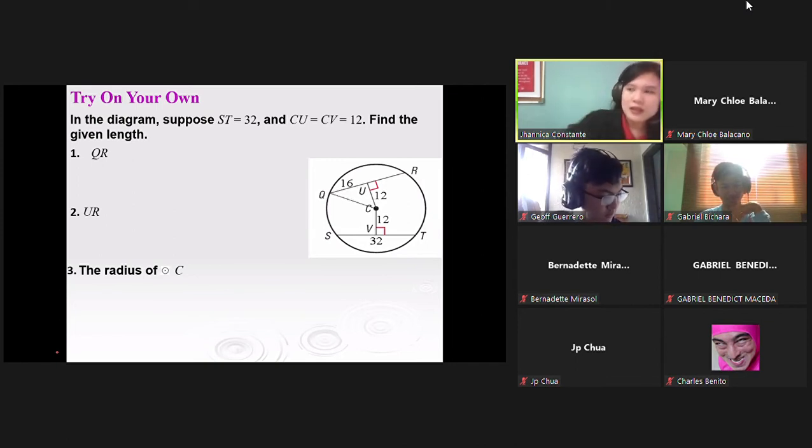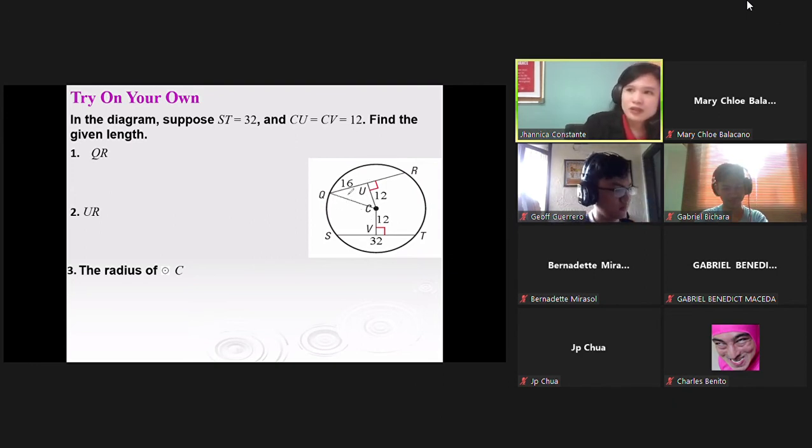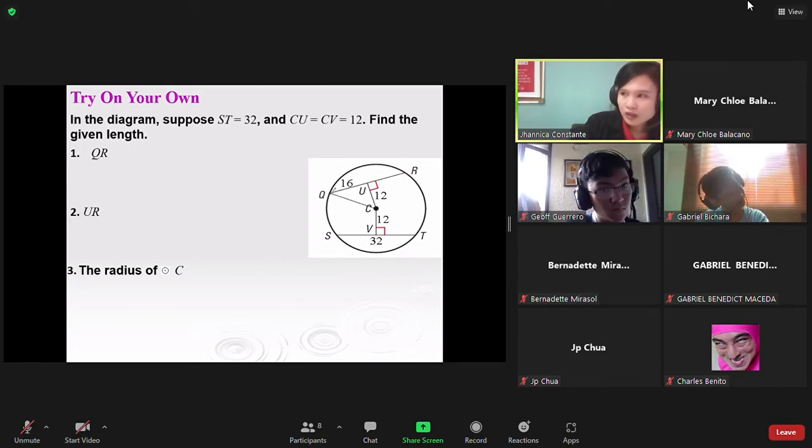Circle C has a chord, which is QR, and chord ST that has a measurement. If chord ST has a measurement equal to 32, and line segment UC is equal to 12, and line segment CV is also equal to 12. So we need to identify the measurement of our chord QR.